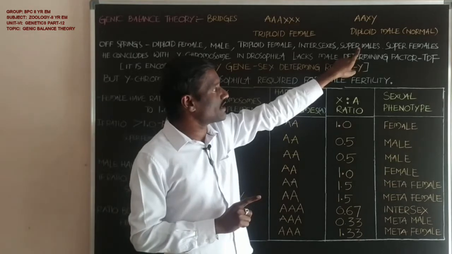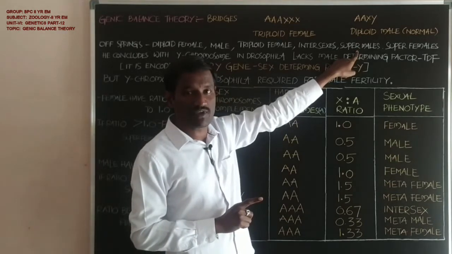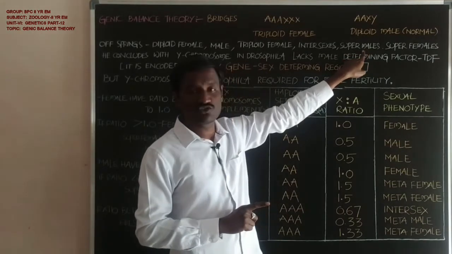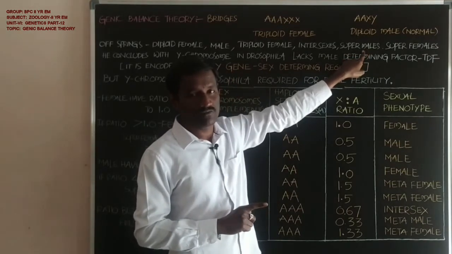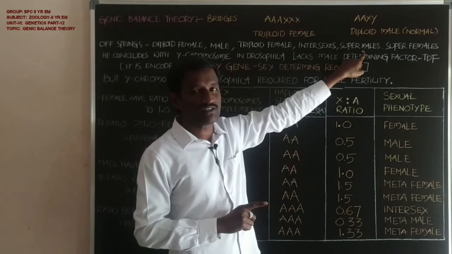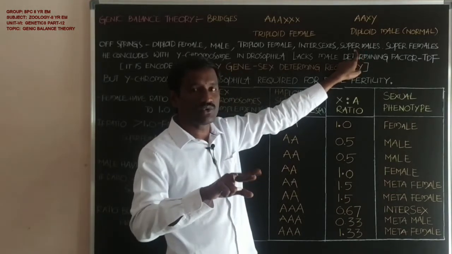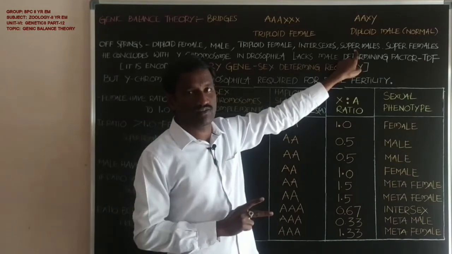These individuals are termed supermales. Okay. Next, supermales also show infertility. That means these individuals lose the ability to produce offspring.